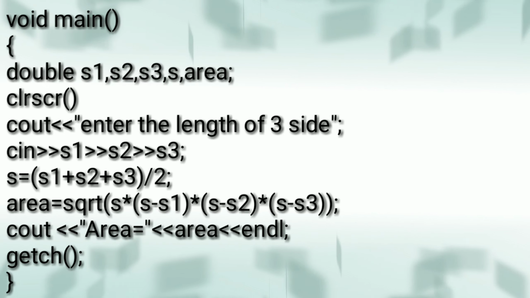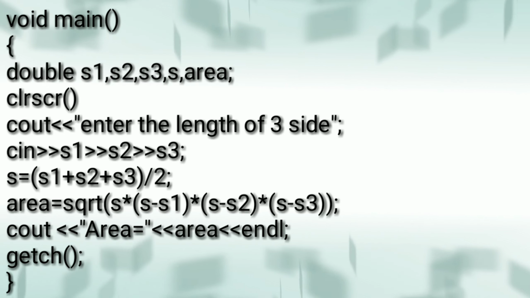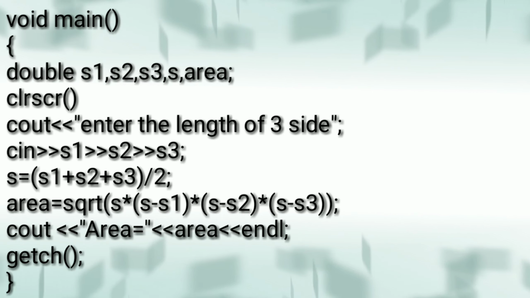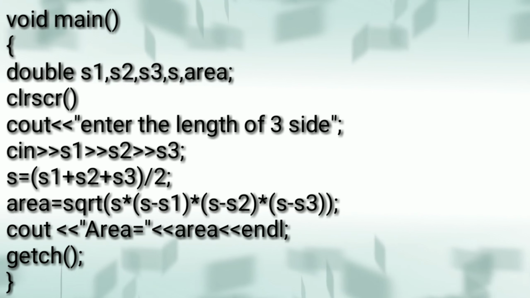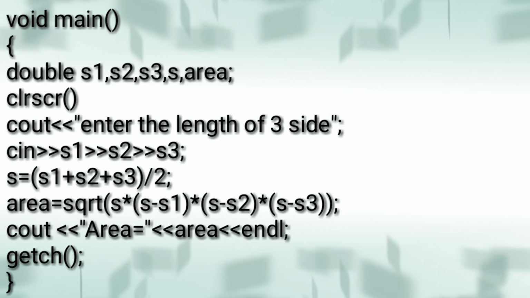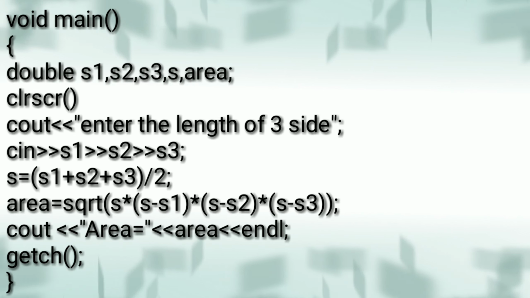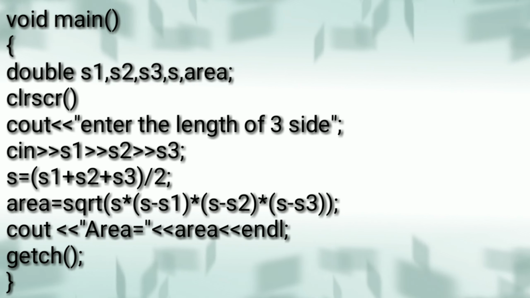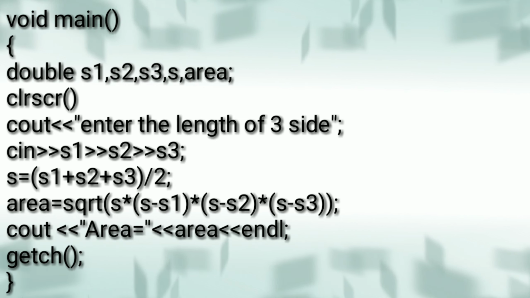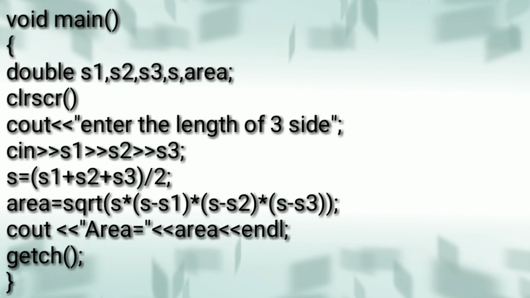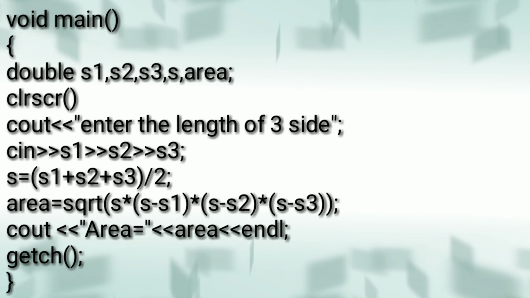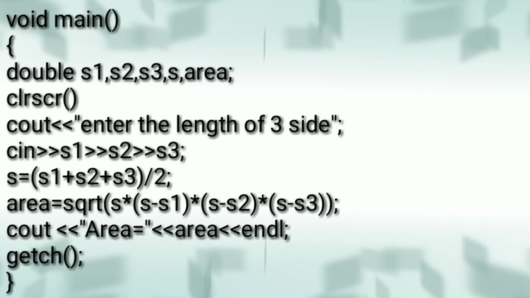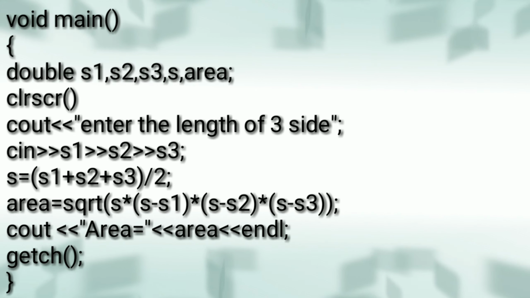So next line is area. You are going to calculate the area. You have the formula here, square root of S. S is nothing but the overall calculation in the previous line. Whatever the value that is stored in S, that will be taken there. S into braces. Within the braces you have S minus S1. S remains the same, whatever you have calculated in the previous line, minus S1, the first input.